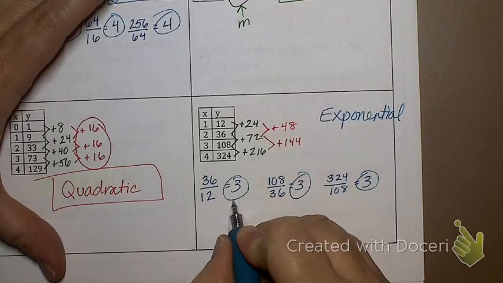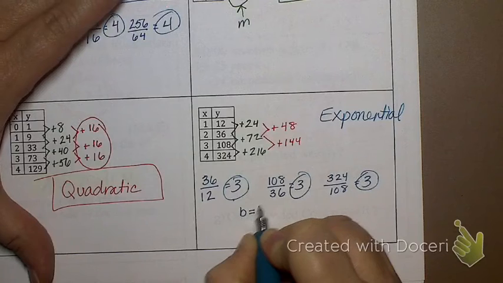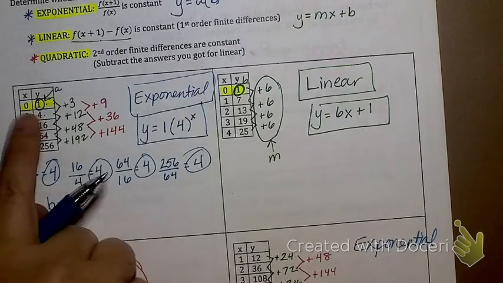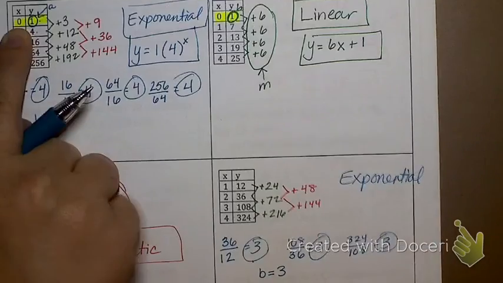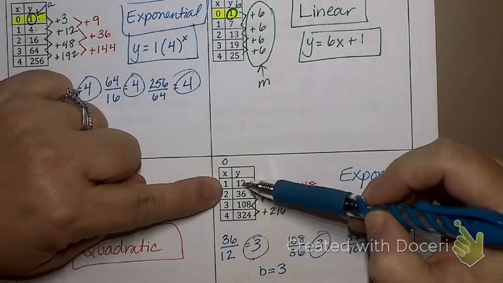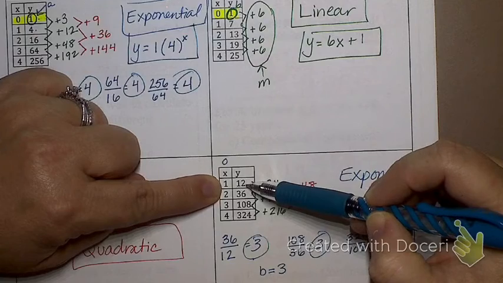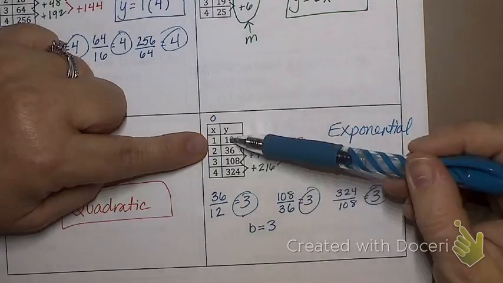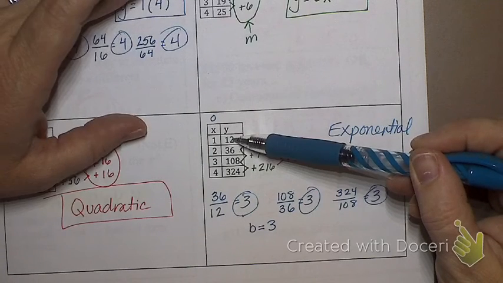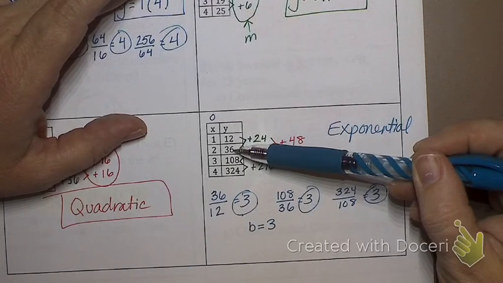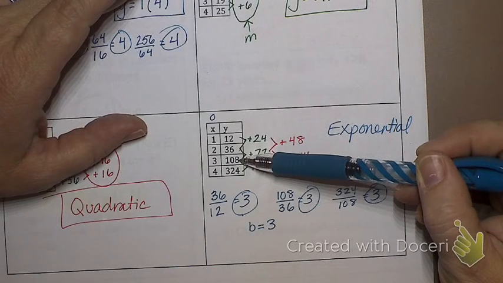So I know my b value is what? 3. What's my a value? Not 12. I need to know what happens when x is 0. So in other words, if I put an x value of 0, wouldn't that technically be what comes right before this one? So let's try and use that pattern. If I were to think backwards from this, 12 times what is 36? 3. 36 times what is 108? 3.